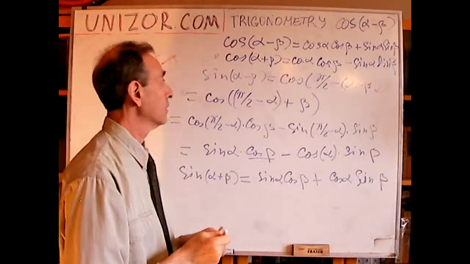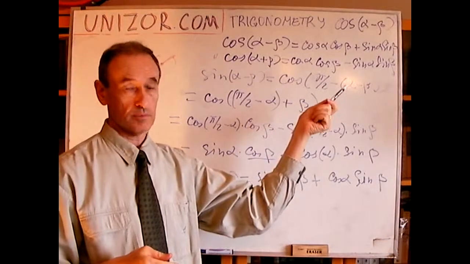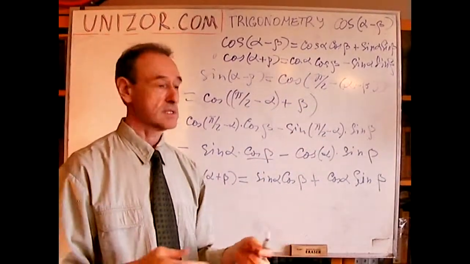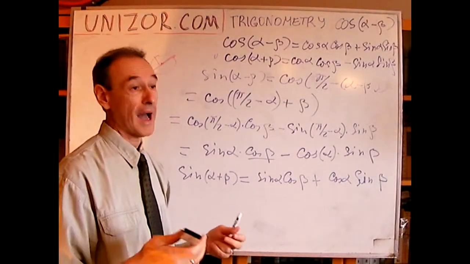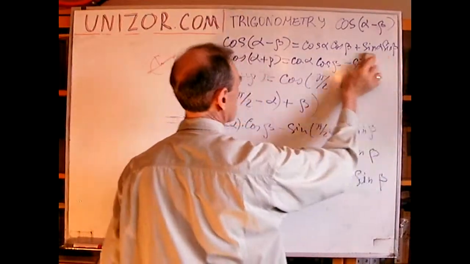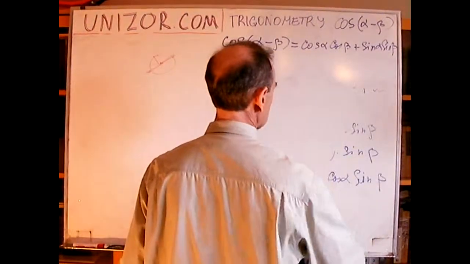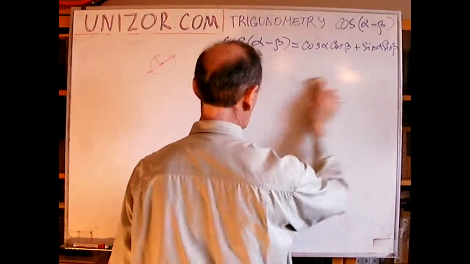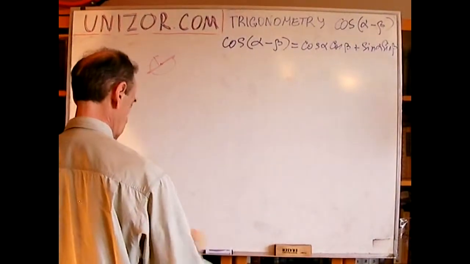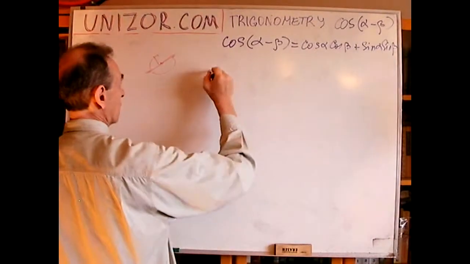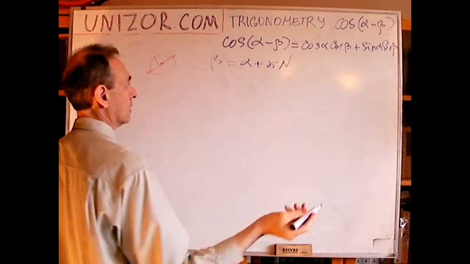Well, but again, if you substitute instead of beta, let's say, alpha plus pi n, where n is any integer number. So that would be a general approach.